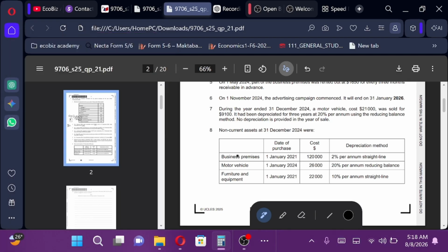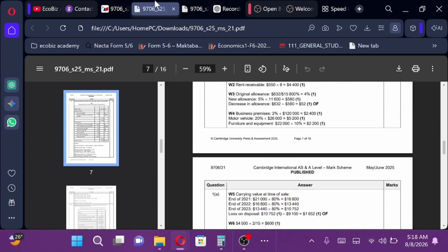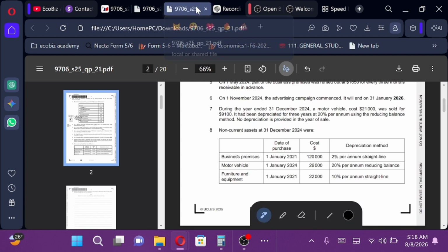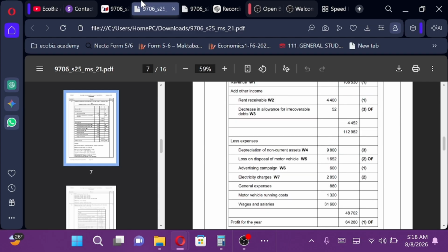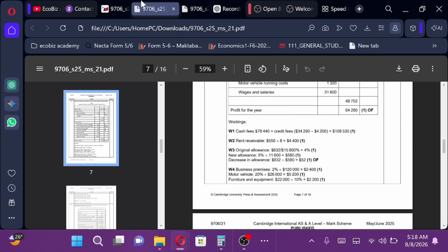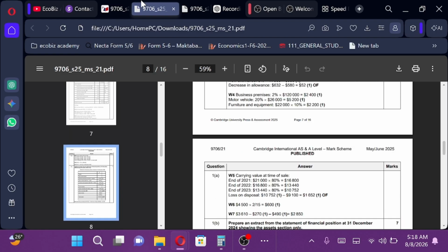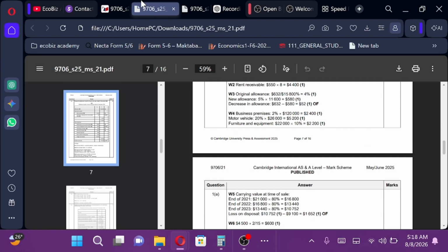Now after that, to find the amount for motor vehicle, just a minute. Yes, so for motor vehicle, we will take 26,000, multiply by 20%. But guys, notice, we're using reducing balance method. So since we're using reducing balance method, the depreciation is going to be a little bit different. Just a minute, I'm trying to find something.